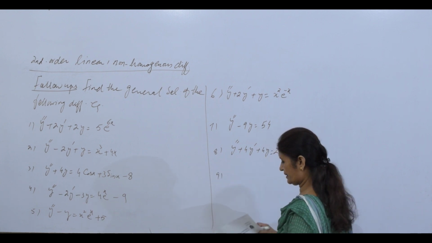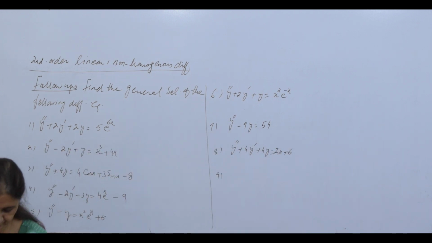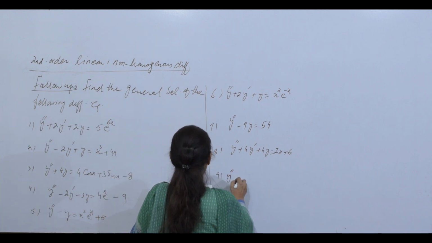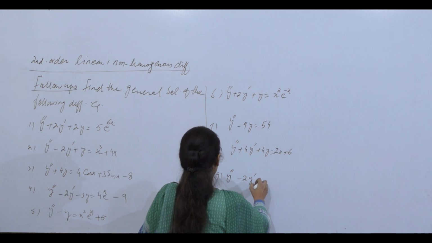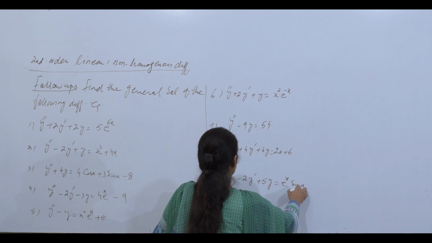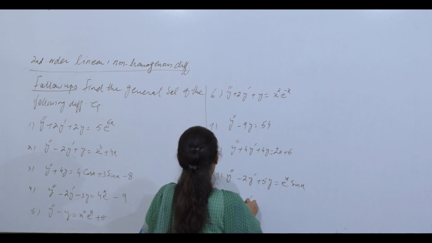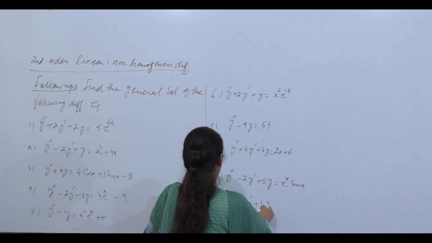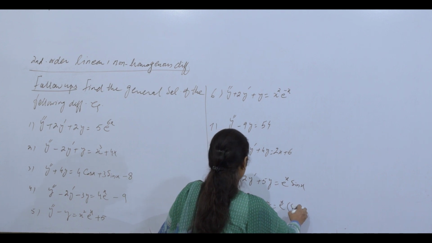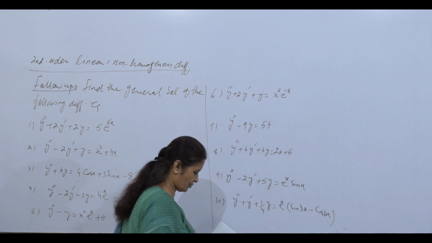Ninth: y double dash minus 2y dash plus 5y is e^x sin x. And tenth: y double dash plus y dash plus 1/4 y is e^x sin 3x minus cos 3x. That's all.